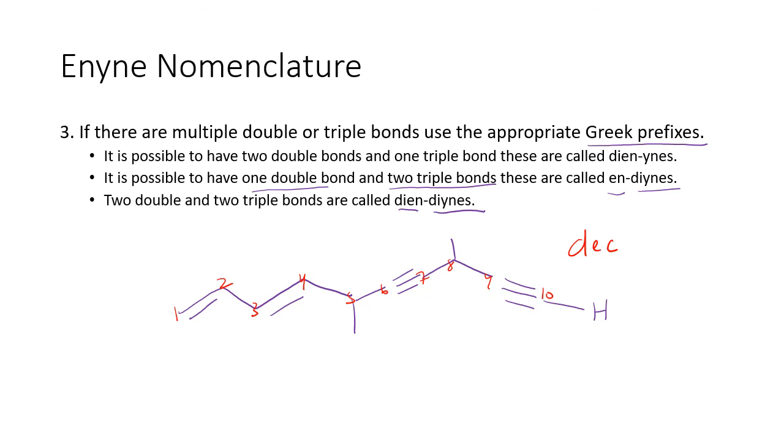We have 2 substituents to take care of. We have a methyl at 5 and a methyl at 8. So we're going to have 5,8-dimethyl. And when we're looking at our stereochemistry, notice that one of our alkenes is terminal.